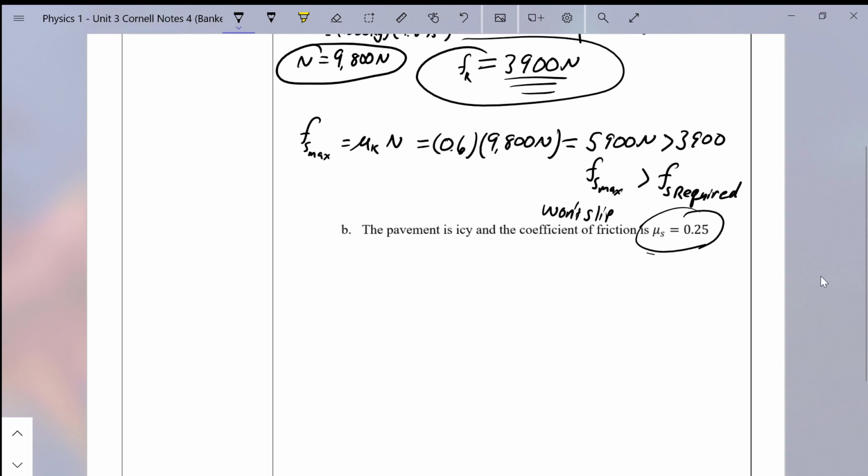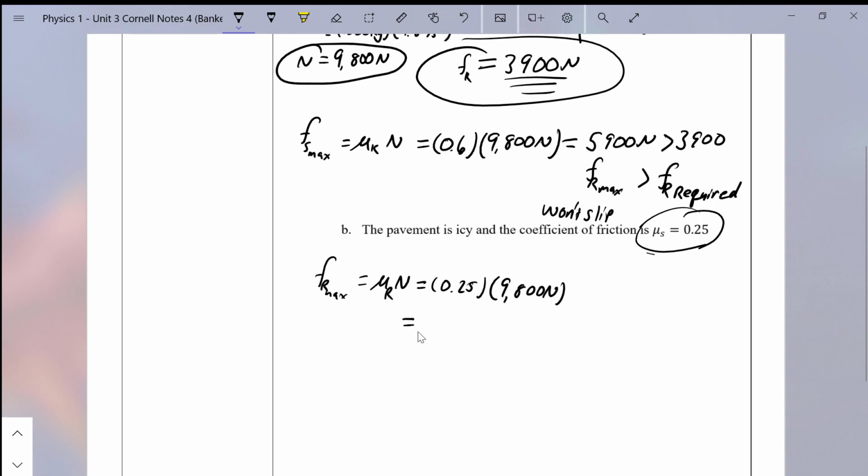In the icy case, we have F max equal to, or sorry, I used Fr and Fs interchangeably. They kind of are in a lot of senses. So F rolling is equal to mu rolling times normal force. That is 0.25 times 9,800.